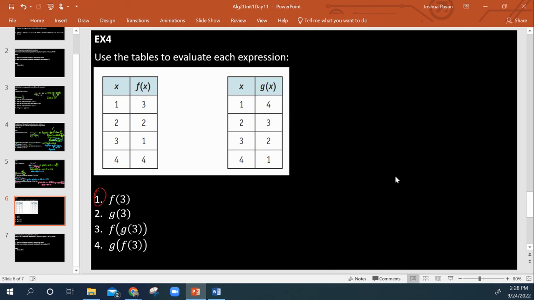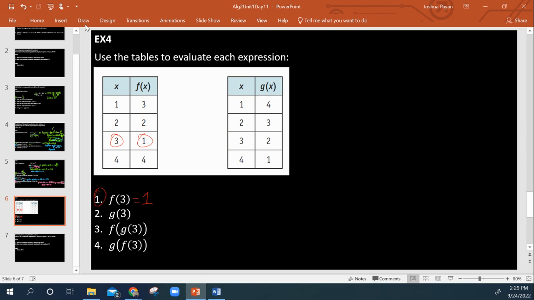But let's look here. We've got a table and we're evaluating f and g using only the table. So f of 3. This is basically just asking, what is f whenever x is equal to 3? We can see from the table, whenever x is 3, f is 1. So our answer for f of 3 would be 1.